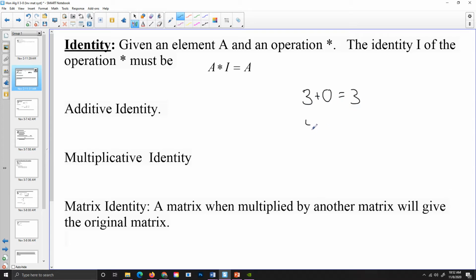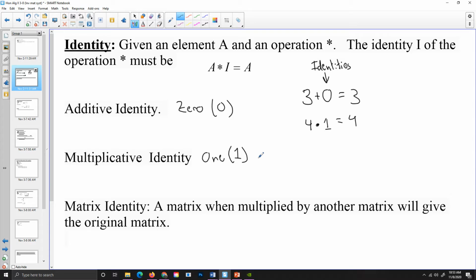And if I take 4 and I multiply by 1, I get 4. So these things right here are the identities. 0 is the additive identity, and 1 is the multiplicative identity.